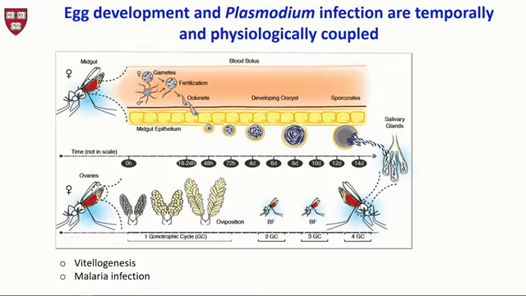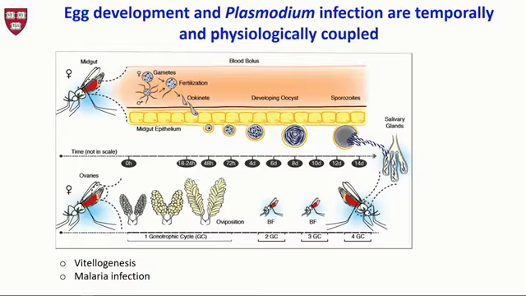But at the same time, blood meal ingestion also is a gateway for the transmission of malaria parasite for them to move on to the next stage in the mosquito. So once the mosquito ingests an infected individual, you would have Plasmodium gametes that will undergo fertilization in the midgut of the mosquito to form ookinetes, and these are invasive forms that will invade the midgut epithelium to establish oocysts.